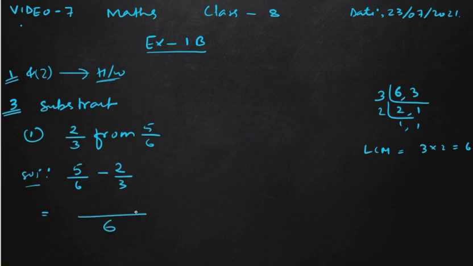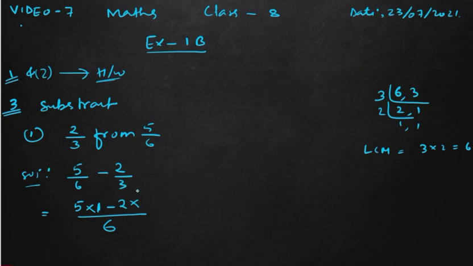Now the first is 5 over 6. What number should be multiplied to this 6 so that the answer is 6? Obviously 1. Minus 2 over 3.